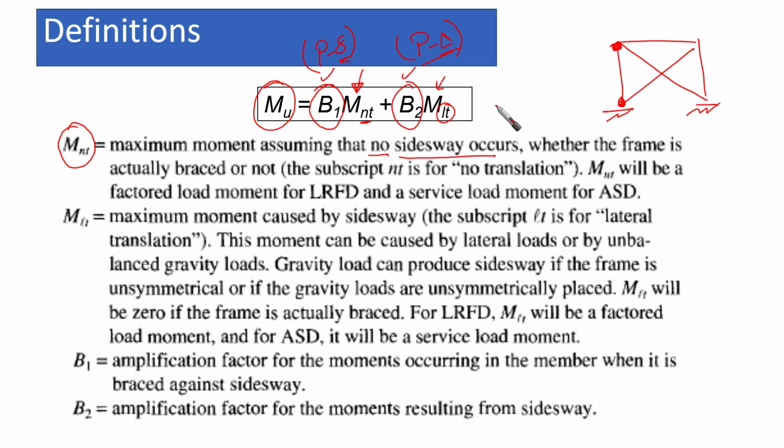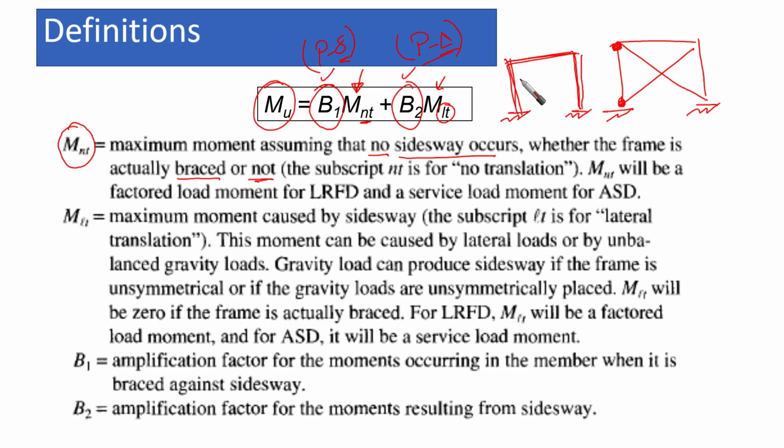Whenever we have moment, then the maximum moment, assuming that no side sway occurs, whether the frame is actually braced or not. So if we have another case, where the frame is not braced here, moment frames, for example.